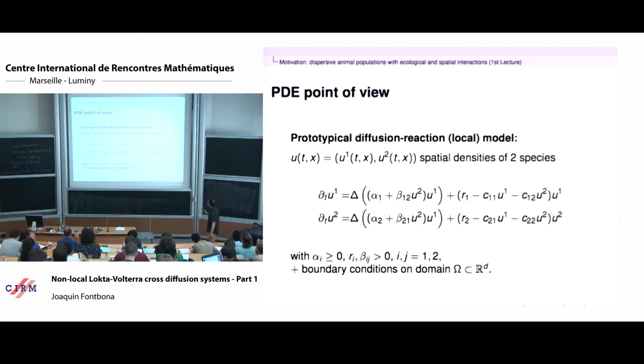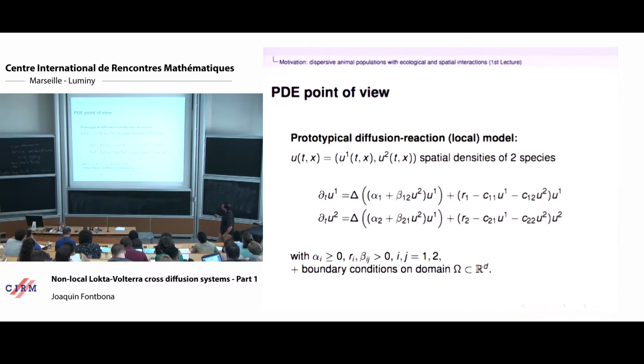You have a negative term which is quadratic in the population, a growth term, and then a product of the two populations, which tells you that population 1 is being affected by population 2 by the amount of individuals. You have something similar for the other population. These coefficients correspond to what is called the interspecies competition.